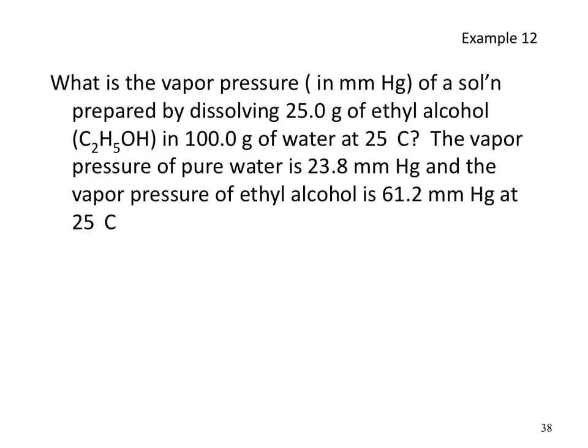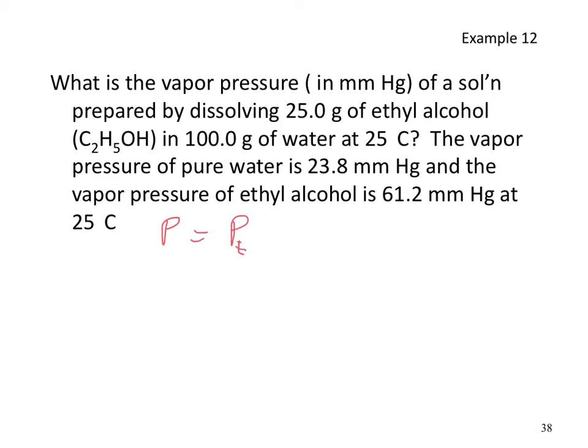Okay, the question this time is, what is the vapor pressure of a solution prepared by dissolving 25 grams of ethyl alcohol in 100 grams of water at 25 degrees Celsius? Vapor pressure of pure water is 23.8, and vapor pressure of ethyl alcohol is 61.2 millimeter mercury at 25 degrees Celsius. So what they're asking is that now you have to determine the vapor pressure, and it's a combination of two things.